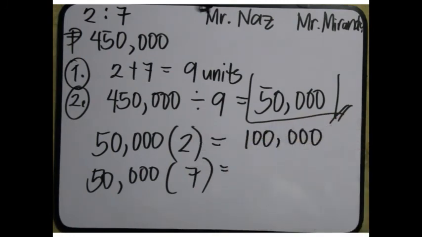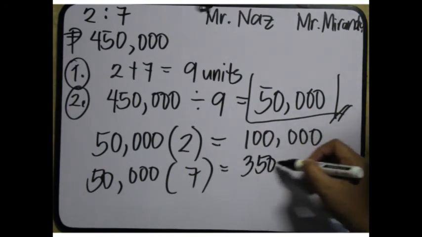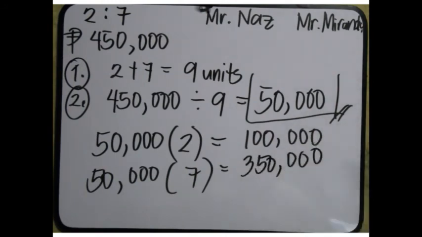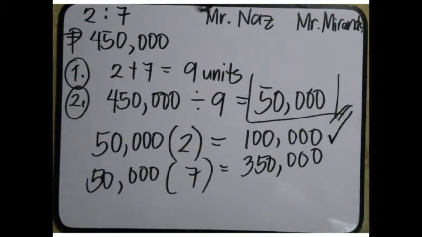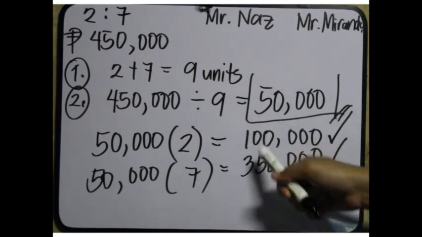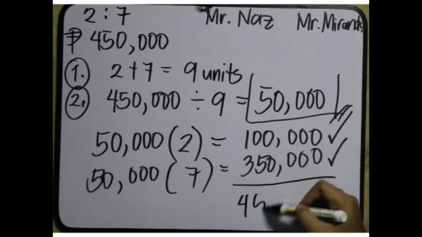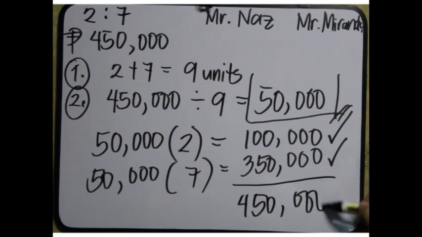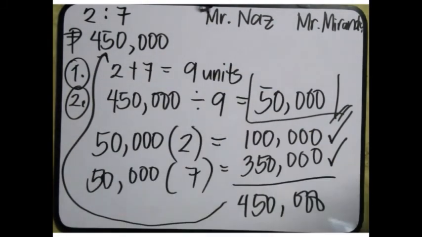And then 50,000 multiplied by 7 is 350,000. Therefore, Mr. Nas will get 100,000 and Mr. Miranda will get 350,000. Okay, to check that one, we will add these 2. This will total 450,000. That is equal to our given profit. Therefore, our answer is correct.